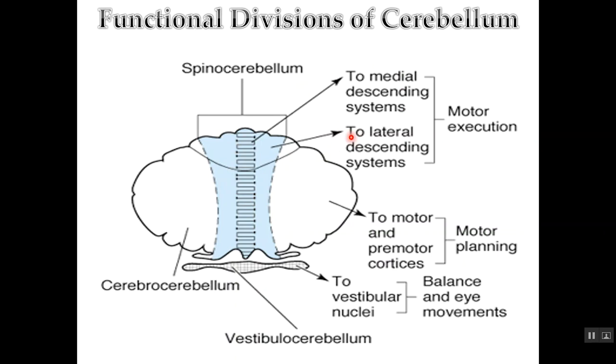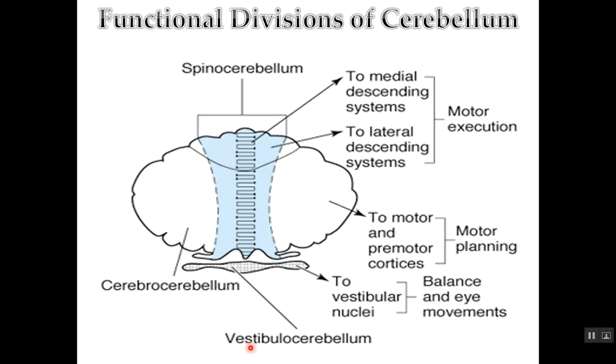It is connected with the spinal cord, and is concerned with regulation of our posture and the regulation of voluntary movement. But the last one is connected to the cerebral cortex. This is called the cerebrocerebellum or neocerebellum, and it is concerned with control, regulation, or coordination of the voluntary movement and motor planning.